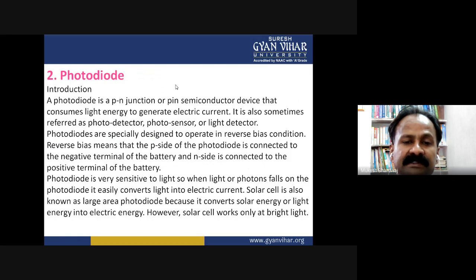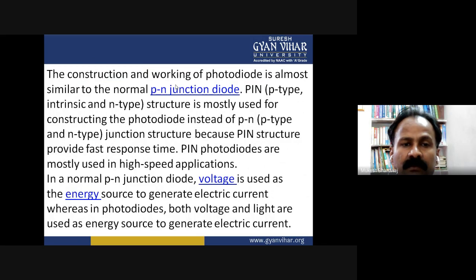A photodiode is very sensitive to light. So when light or photons fall on the photodiode, it easily converts light into electric current. A solar cell is also known as a large area photodiode because it converts solar energy or light energy into electric energy. However, a solar cell works in bright light. The construction and working of a photodiode is almost similar to the normal PN junction diode.